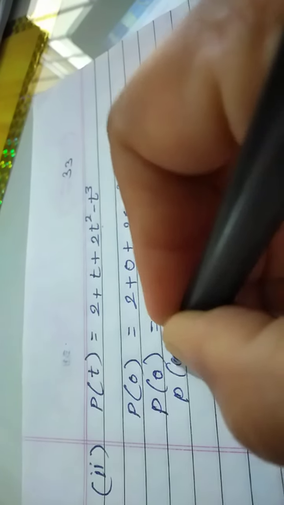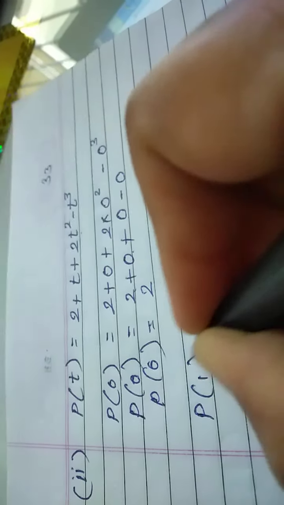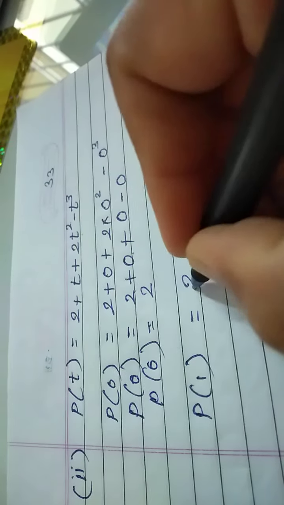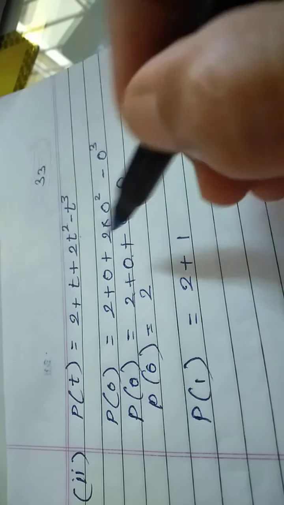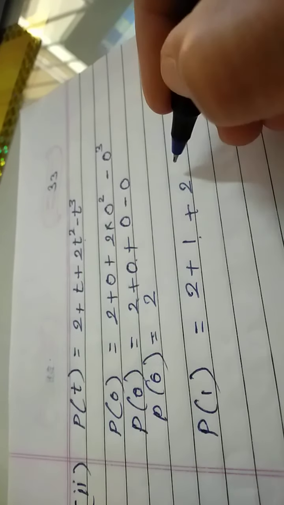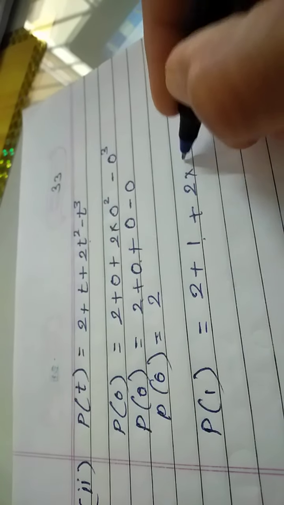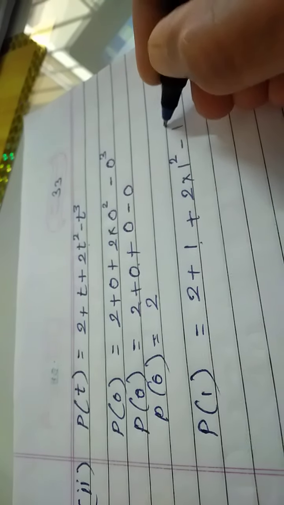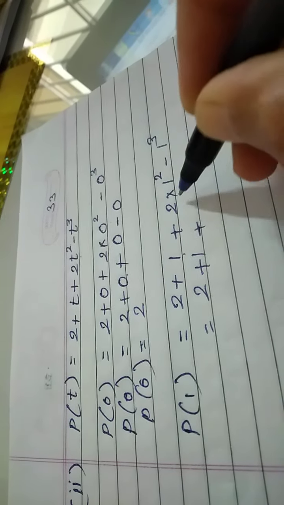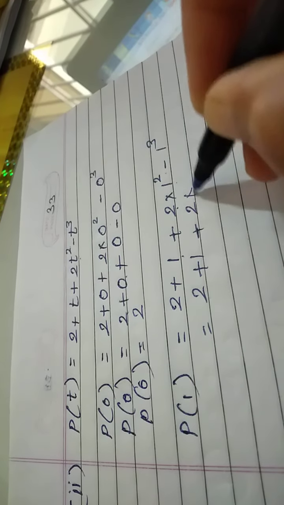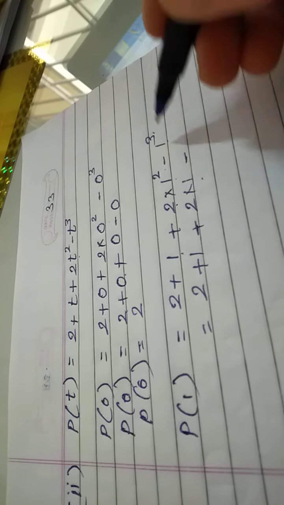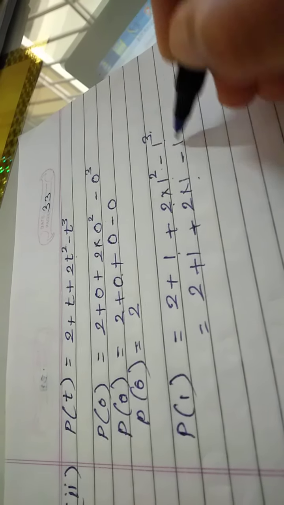Now we have to find out P of 1. P of 1 means we have to put 1 at the place of t. So 2 plus 1, at the place of t we are putting 1, plus 2 into 1 square minus 1 cube is equal to 2 plus 1 plus 2 into 1 square, 1 square means 1, 1 into 1 is 1, minus 1 cube means 1 into 1 into 1, that means 1.